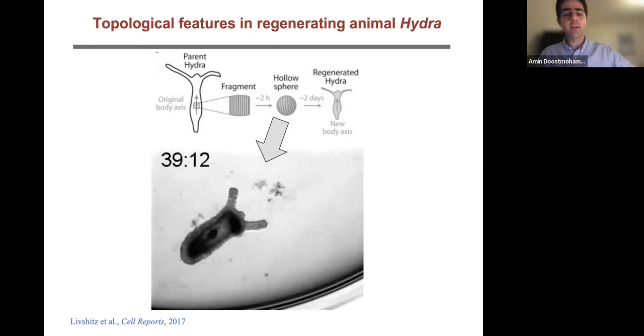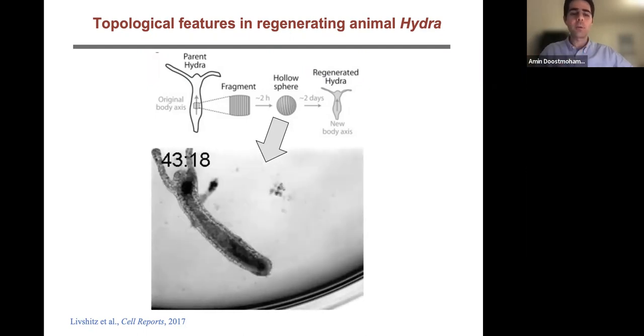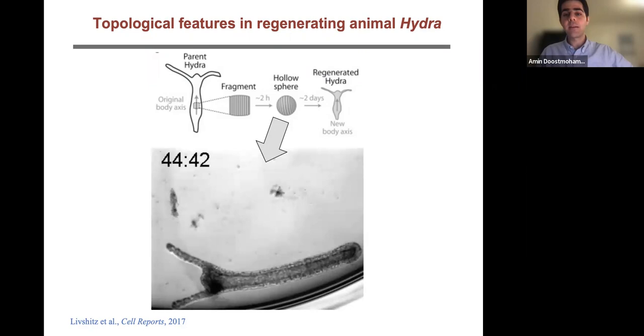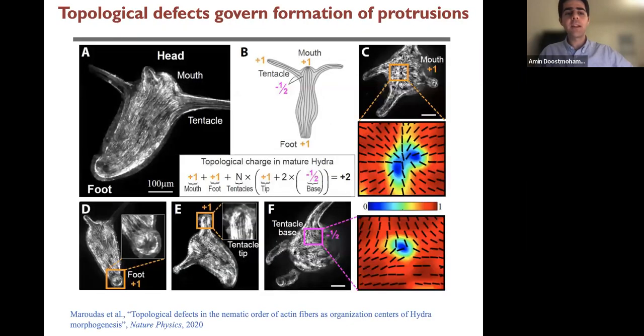But what was amazing was that in Kinetic Currents group, they started mapping the orientation of actin filaments on this, and they can exactly see that the tentacles form at the +1 defect. Once they are formed, they leave behind -half defect at the trough, and essentially mouth and the foot also are formed at the topological defect point.